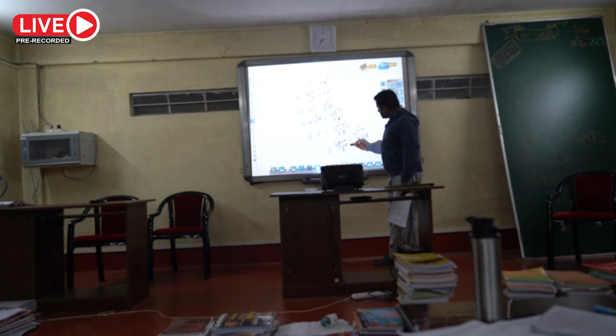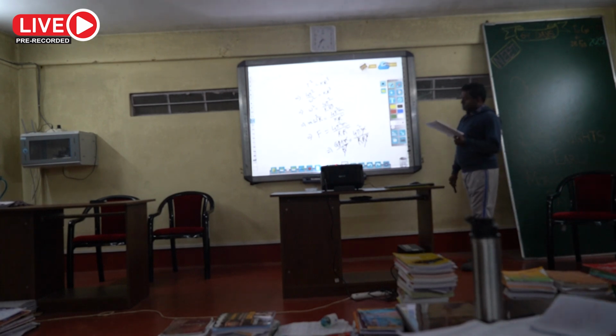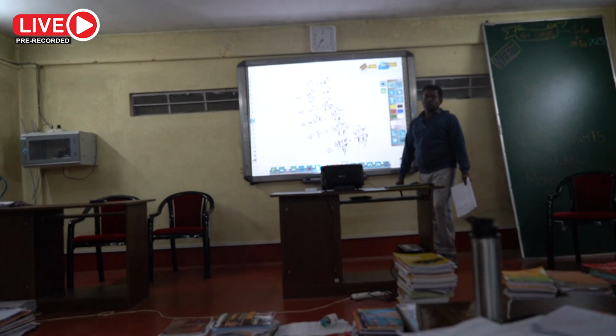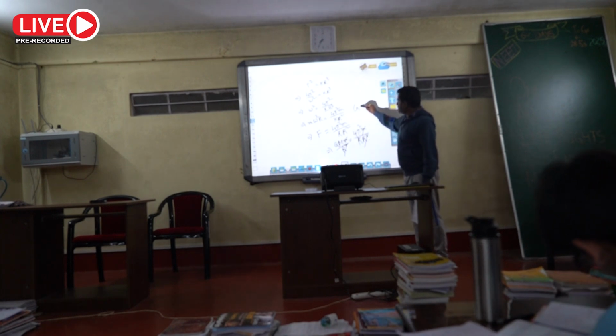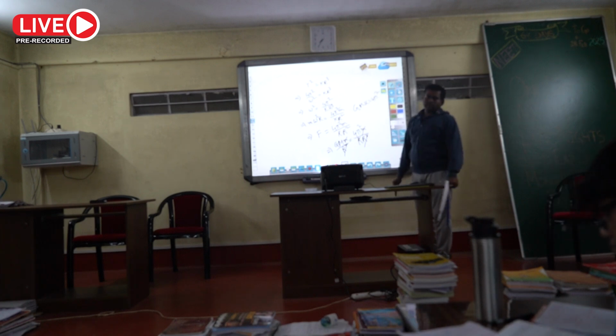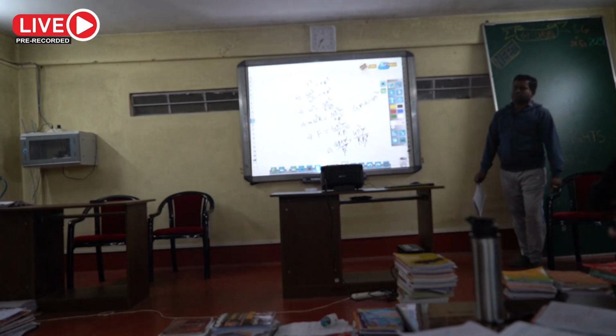Now see, r square cancels, m cancels, so you will get a relation GMk equal to 4 pi square. That is the relation between Kepler's constant and Newton's universal constant of gravitation.